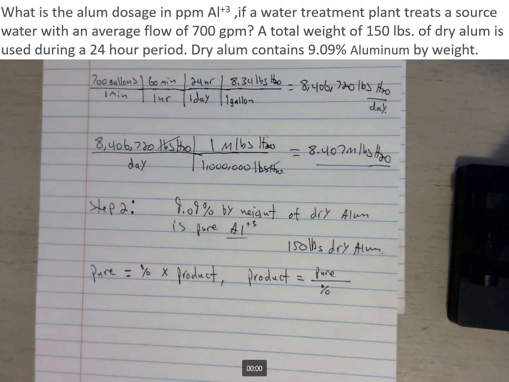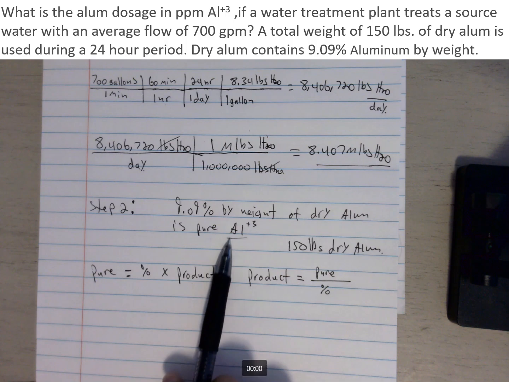So when you're going through a dosage calculation and you get to the part where you have to use the percentages, you want to ask yourself, am I trying to find the pounds of the pure, or the pounds of the product? That will guide you to whether you multiply by that percent or divide by that percent.